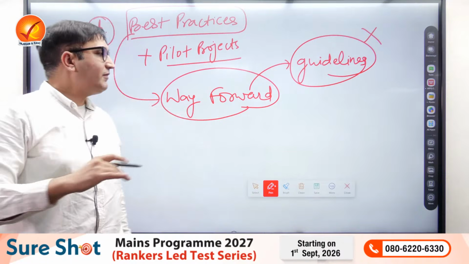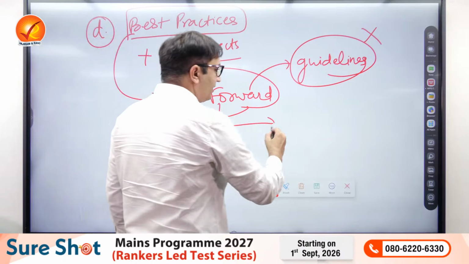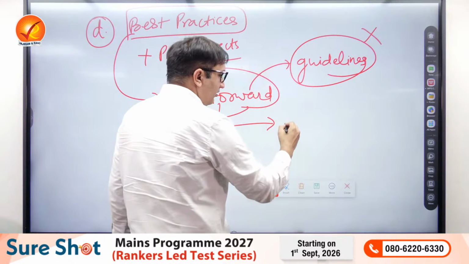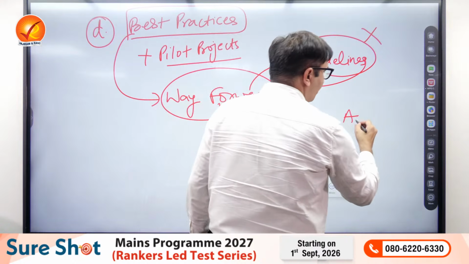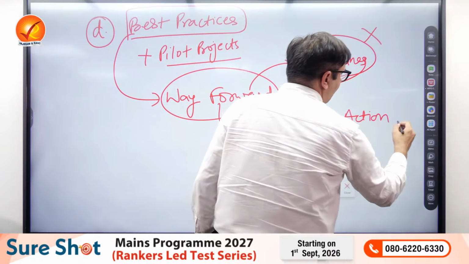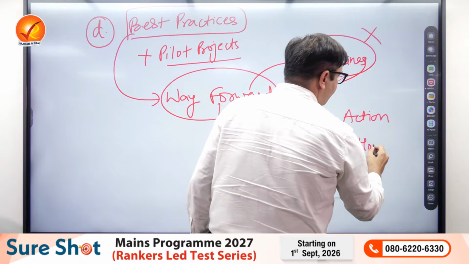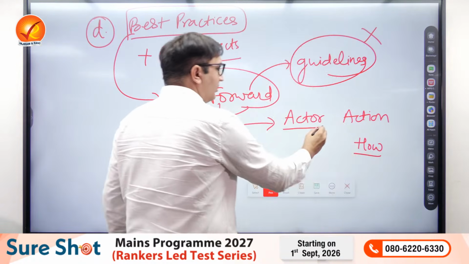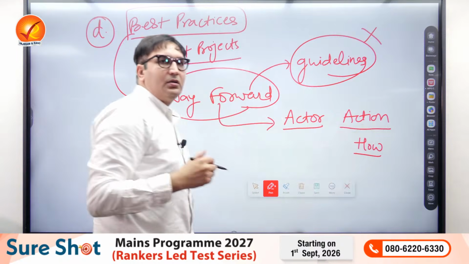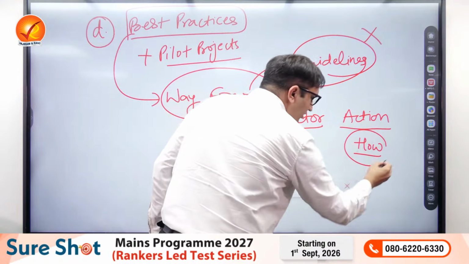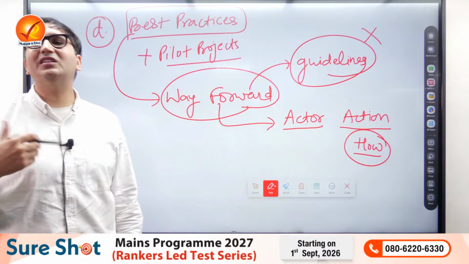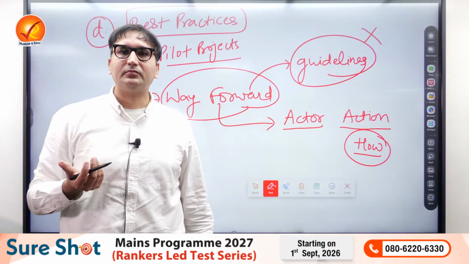When you write the way forward, there are three things involved. First is the actor, second is the action, and third is the how, or the mechanism. The how part is the most important part, that is, how to achieve something specific.